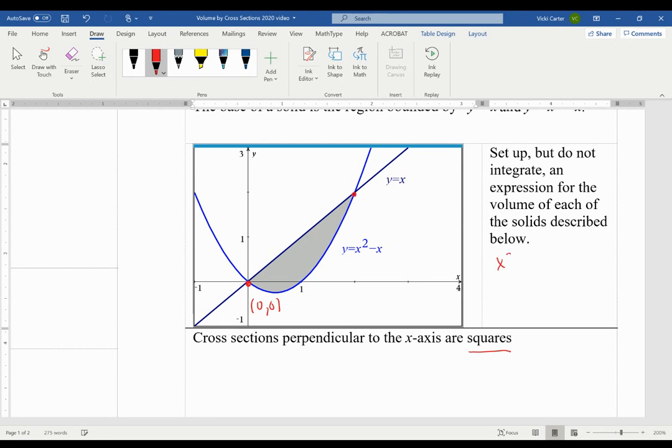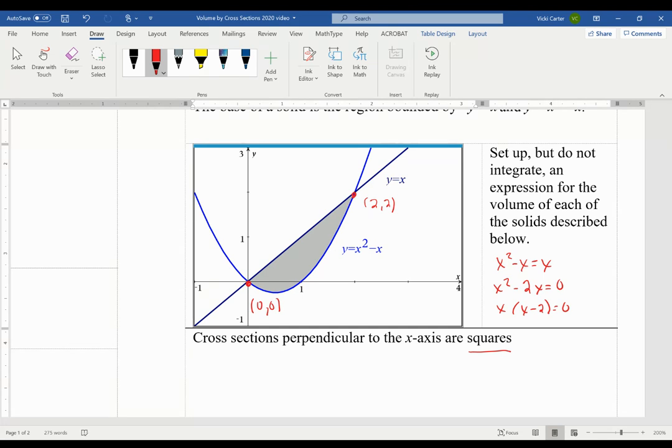Let's set the 2 equations equal to each other. Let's subtract x from both sides. Let's factor. And without continuing, I think you should see that 0, 0 is one of the intersection points, and 2, 2 would be the other intersection point.